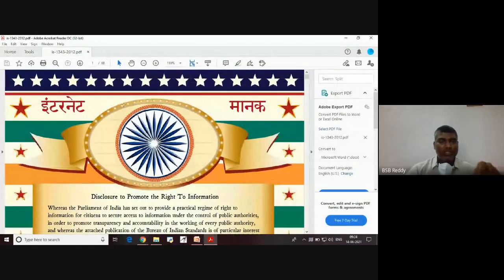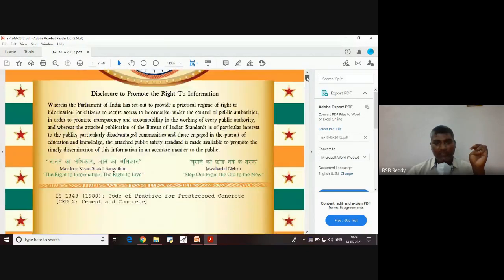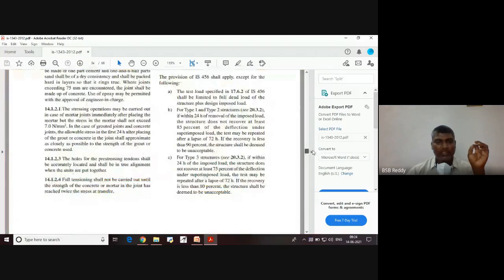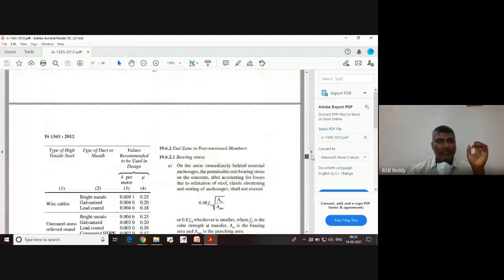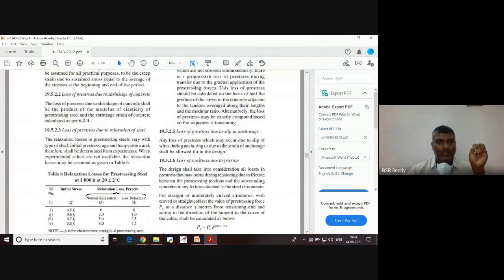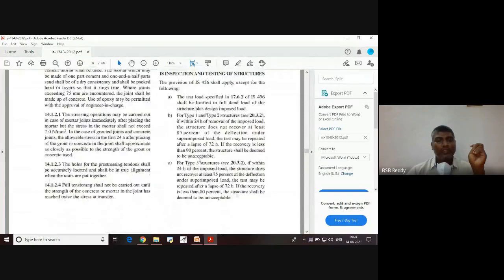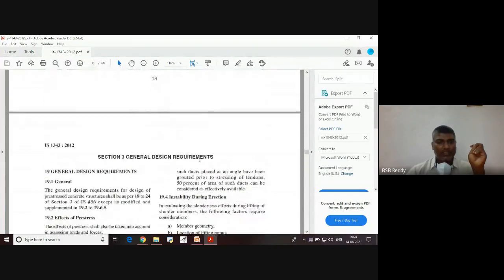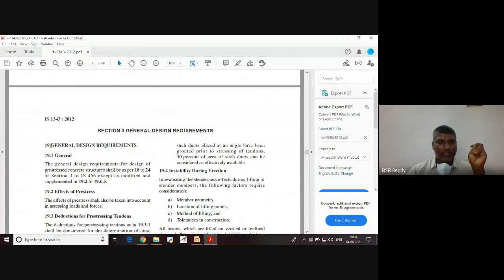Open IS 1343-2012 and go to 19.5.2. So Clause 19 you have to open. Clause 19 is on general design requirements.